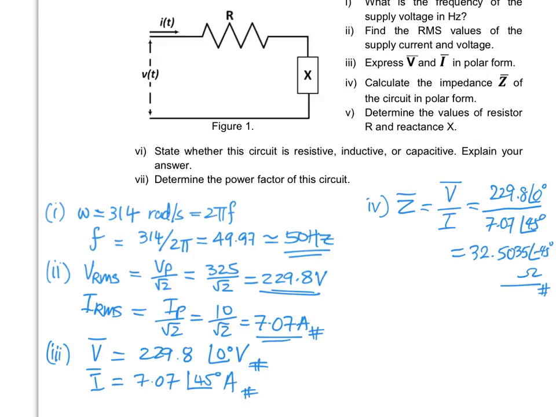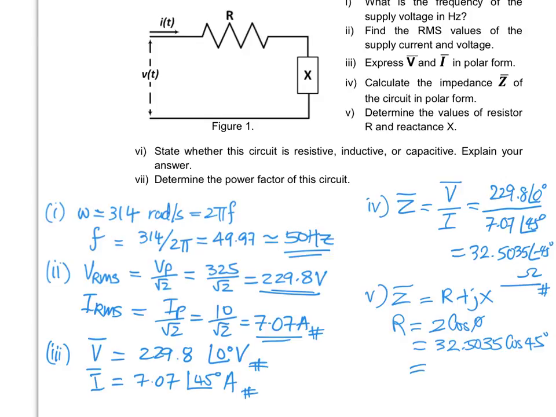Okay, and to find the R and X component, all I need to do is convert Z into the rectangular format. Remember, rectangular format is R plus jX. So from here I can calculate R, which is Z, the magnitude that I've calculated, cosine the angle. So that's 32.5035 cosine of 45 degrees. That will give me an R value of 22.983 ohms.